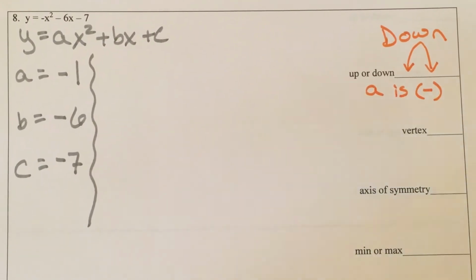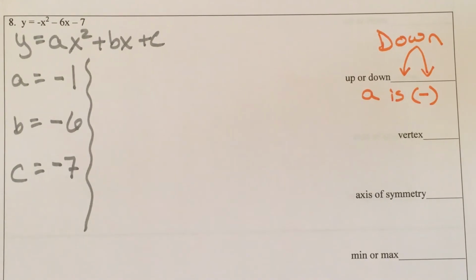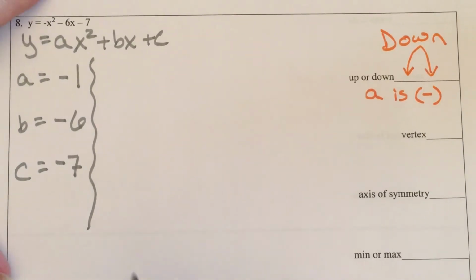Okay, we said in problem number 7 that it's easier to find the axis of symmetry first before we find the vertex. So let's go find the axis of symmetry.